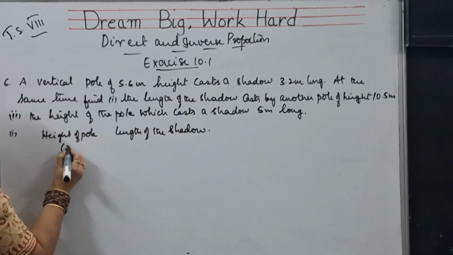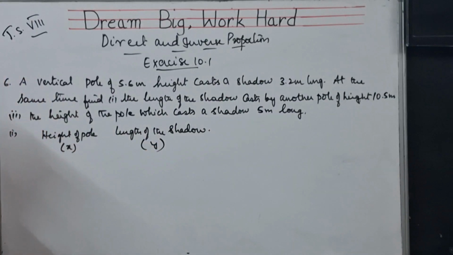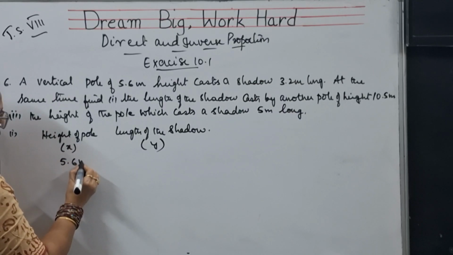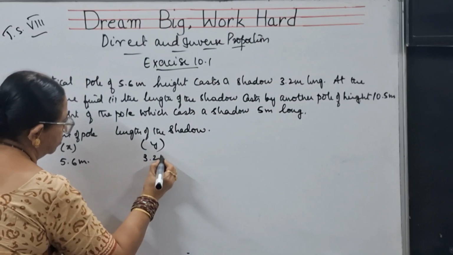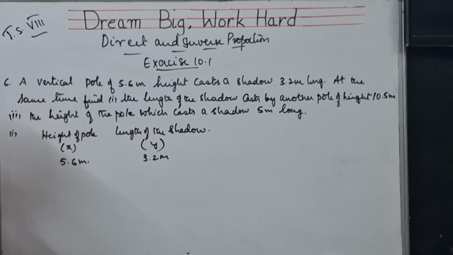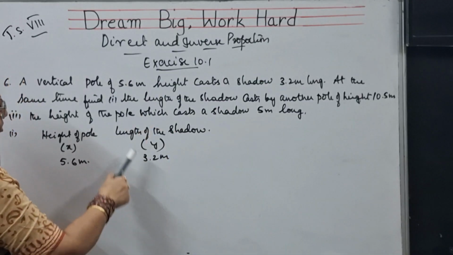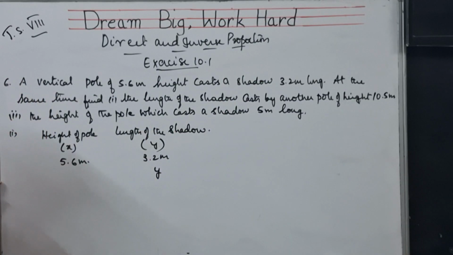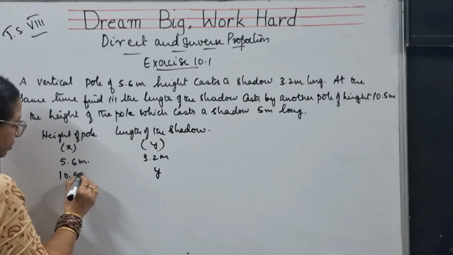Here height of the pole is considered as x, length of the shadow is considered as y. If height of the pole is 5.6 meters, it is casting a shadow of 3.2 meters. Now the first bit is, you have to find the length of the shadow y by another pole of height 10.5 meters.